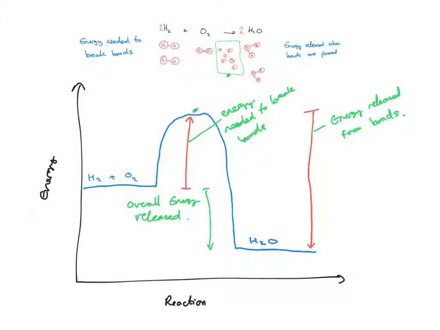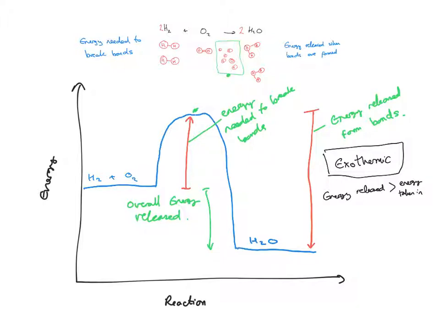So overall, we said this reaction will be exothermic, and this is the reaction profile, or energy profile, for an exothermic reaction, because when it's exothermic, the energy released is greater than the energy taken in.